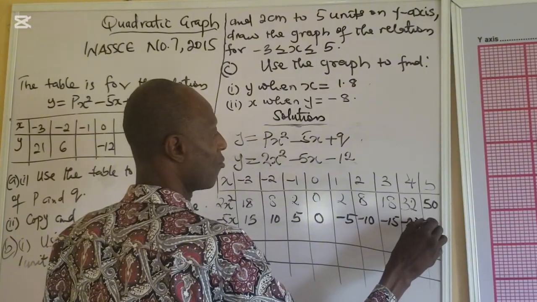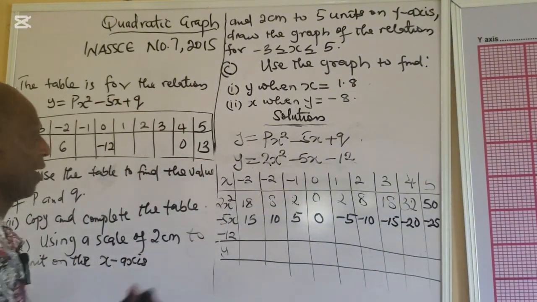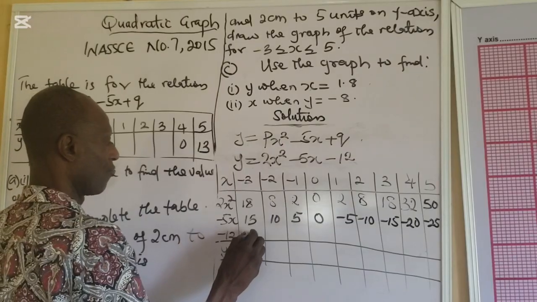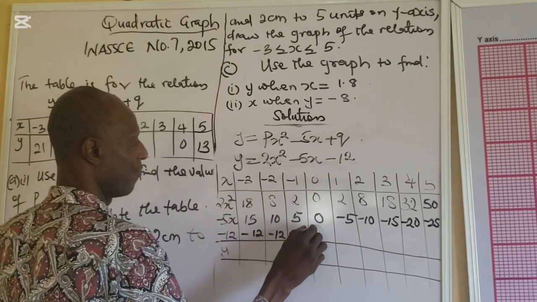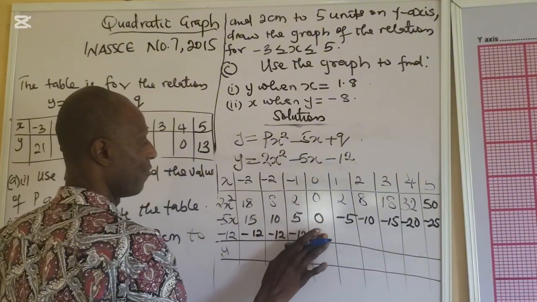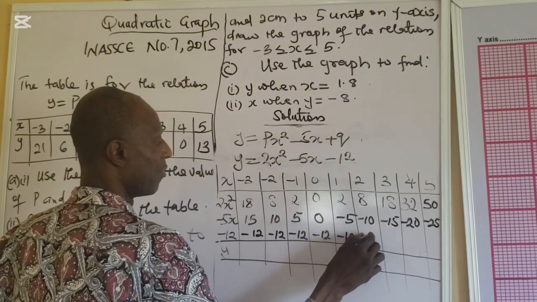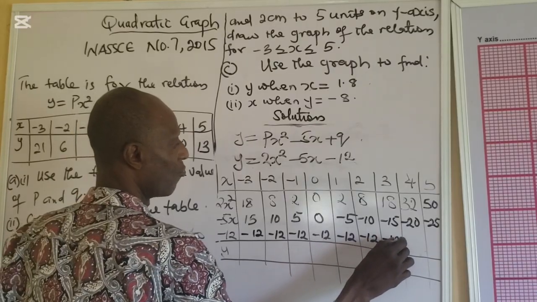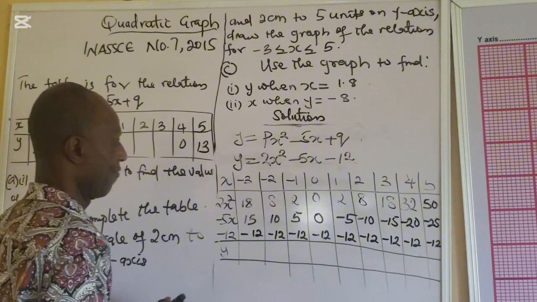Here gives us minus 25. Okay? This is a constant number. I'll put it across: minus 12 for every value of x.